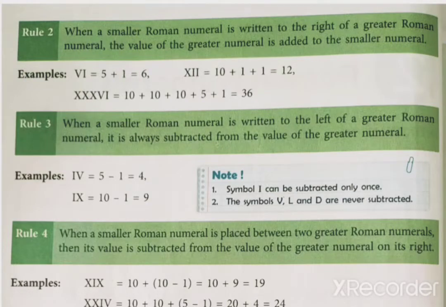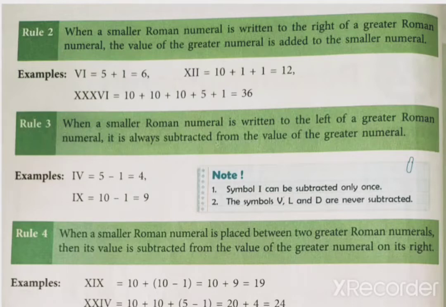Means if we are writing 6, how will we write 6? 5 plus 1, 5 is greater and 1 is smaller. The symbol for 5 is V and for 1 is I. So we write the smaller Roman numeral to the right of the greater one.